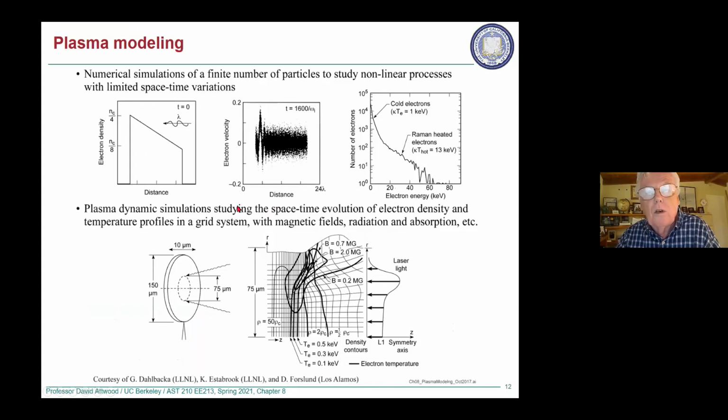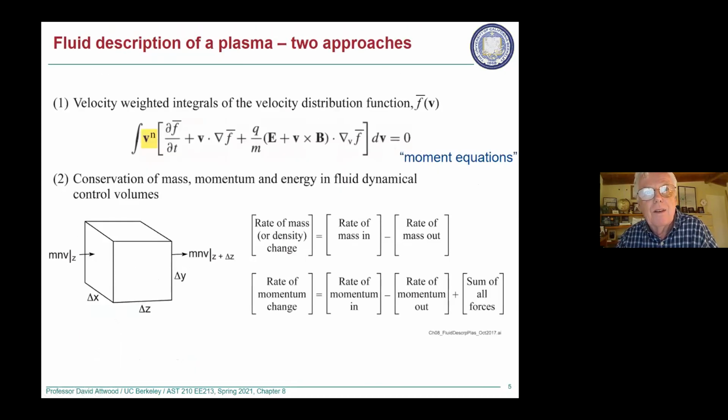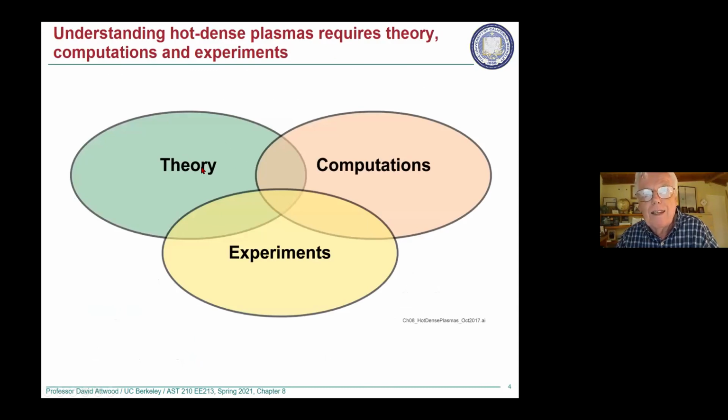Okay. So the next few slides are just about, well, what tools are there? If you remember, I had this diagram saying that basically you needed theory. You needed something. What is the functional relationship between the different processes going on? How do they depend on density or temperature or gradient? You need some guiding theory, but the processes are so complicated and so dependent on density and temperature profile that you really need to use computations.